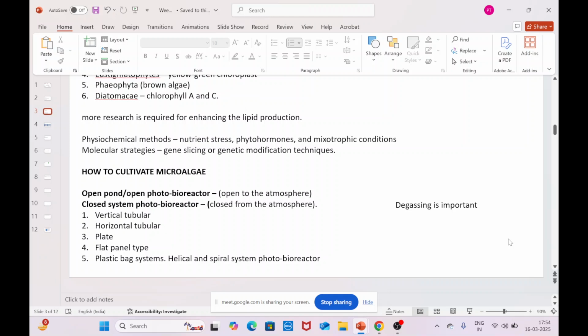Apart from the closed and open types, we also have other types of photobioreactors, such as tubular, column and flat panel. That comes under this category only. Among all three, which one is actually the best?